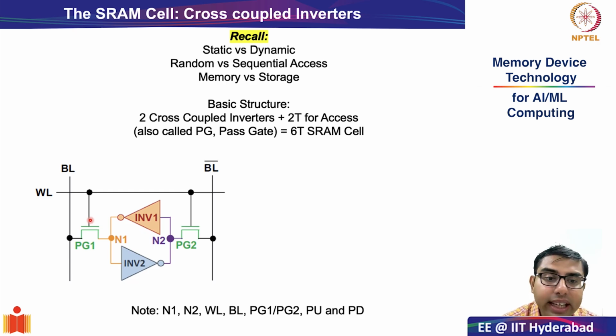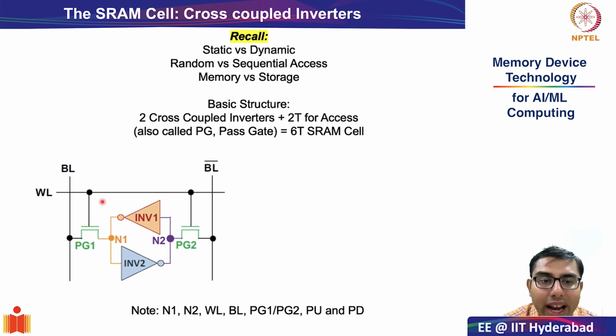Okay, so let us see what are the connections to the access transistor. As you can see, the source of the access transistor PG1 is connected to bit line, whereas source of PG2 is connected to bit line bar. What is the drain connected to? N1 and N2 respectively, right?